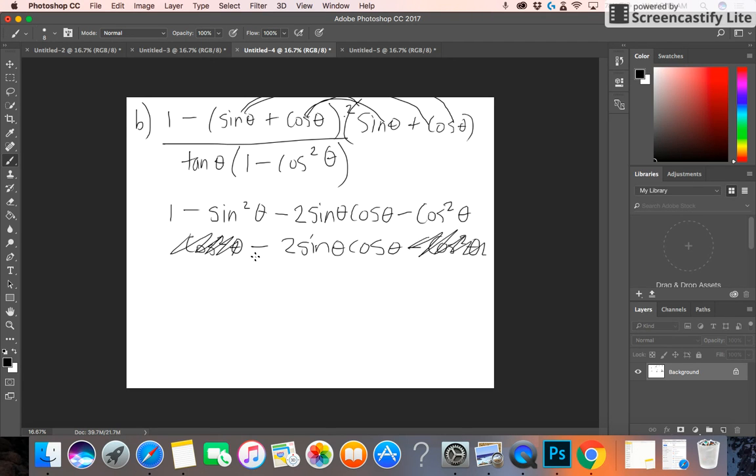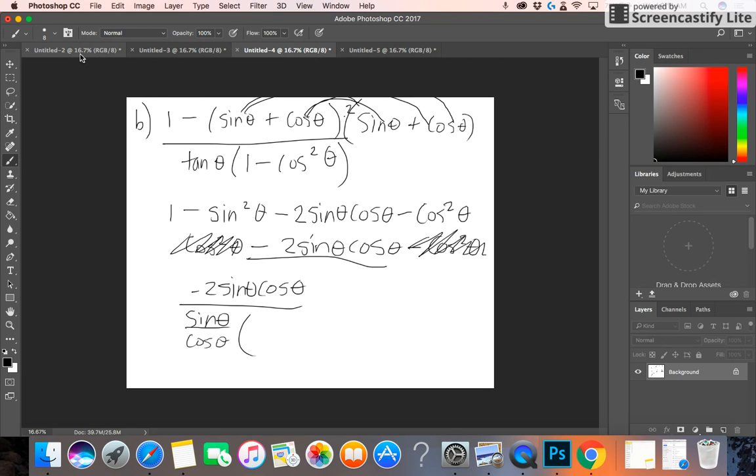Now you're left with negative 2 sine cosine on the top, and on the bottom you have tangent, which is sine over cosine, multiplied by 1 minus cosine squared.